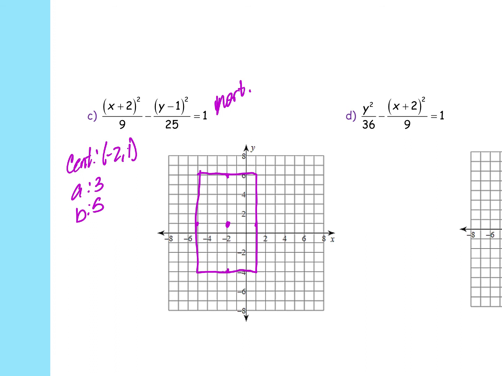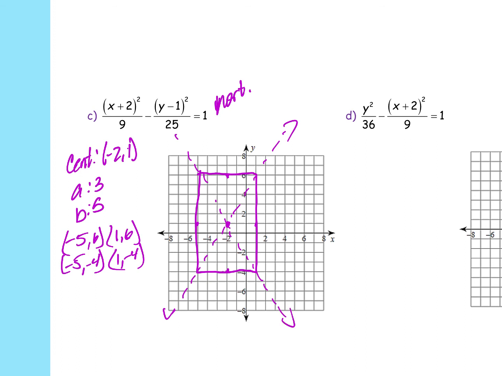Let's see, vertices are at (-5, 6) and (-5, -4), and then (1, 6) and (1, -4). And it's opening horizontally. Okay, so there we go.